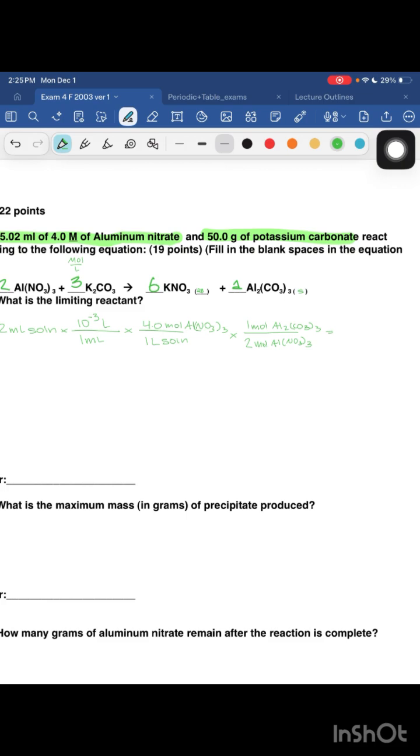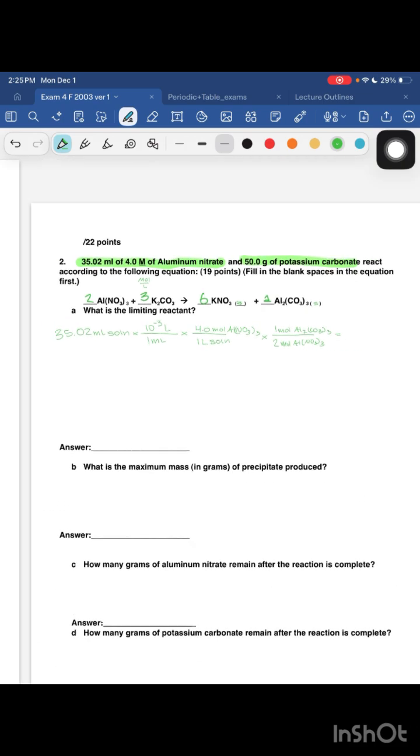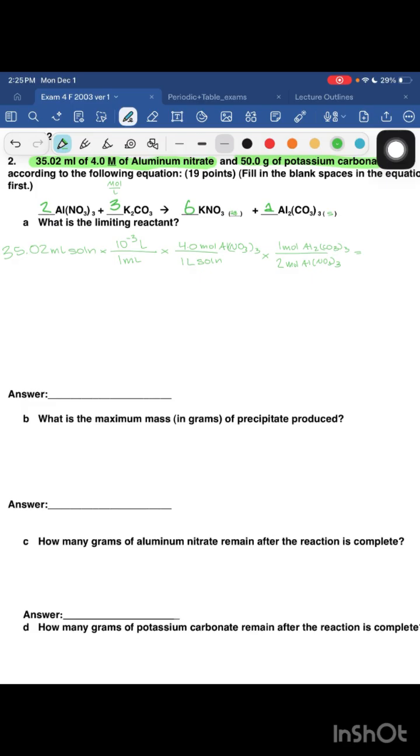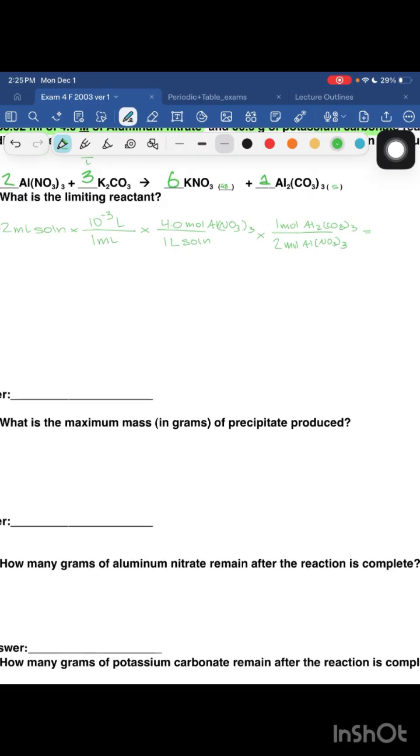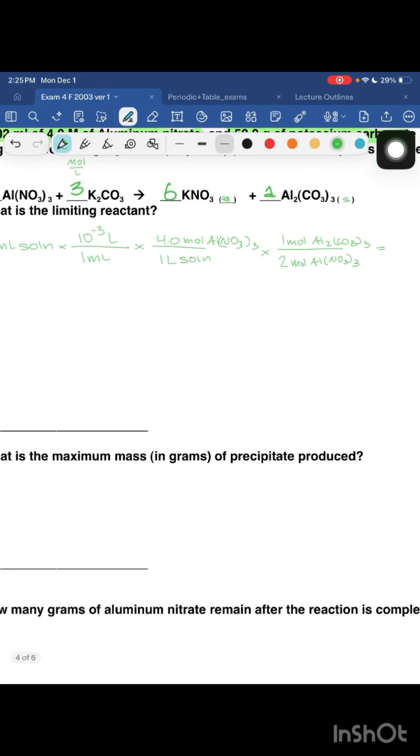Oh, and it asks for the mass of precipitate later, and the precipitate is aluminum carbonate. So I just kind of predicted what I didn't read for later.